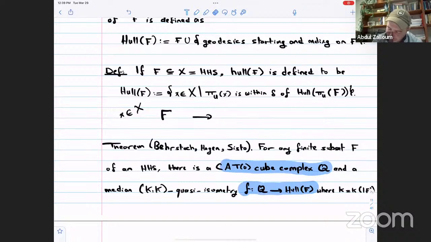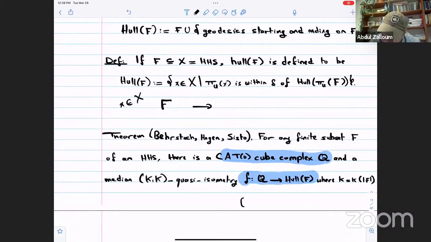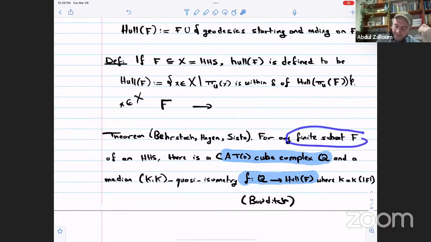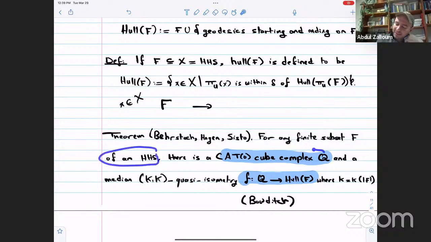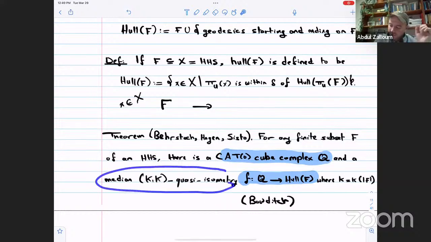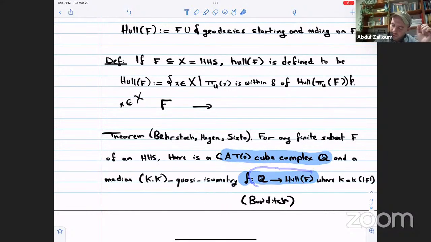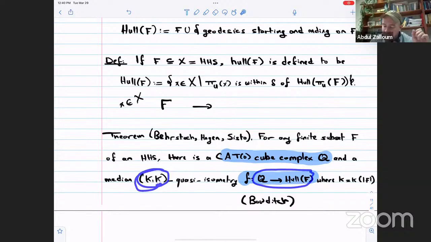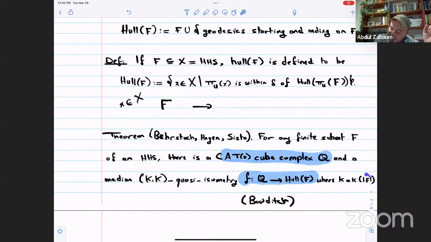So the statement here says, if you have any finite set F of an HHS, there exists a CAT(0) cube complex Q and a median quasi-isometry between Q and the hull of F, where the constants of this median quasi-isometry only depend on the cardinality of the set F you started with.